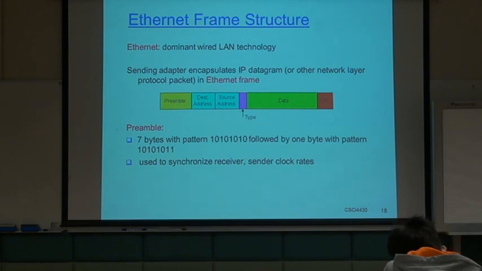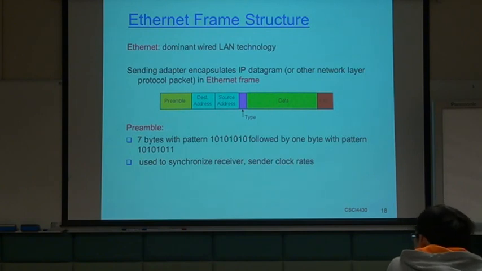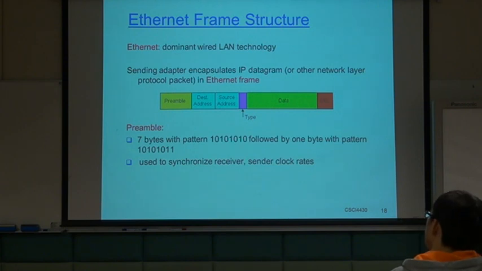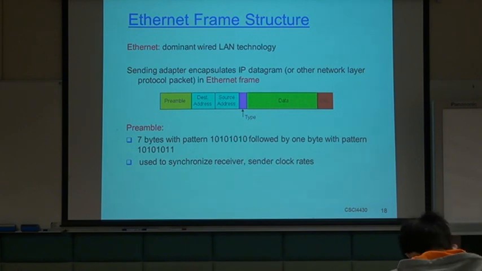So Ethernet is 802.3, and 802.11 is for Wi-Fi. 802.3 and 802.11 are the IEEE standards which specify how the protocol should be implemented.